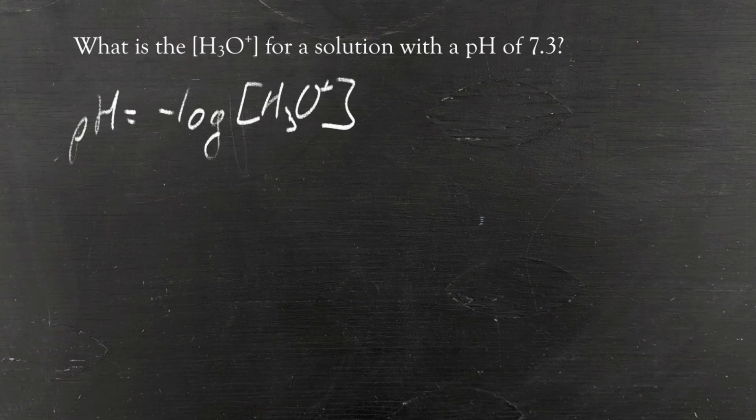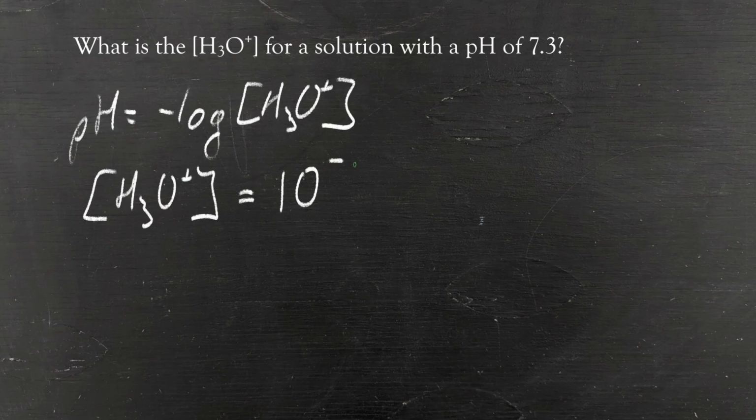So in order to find the hydronium concentration, we can rearrange this equation to find that it is equal to 10 to the power of negative pH. So in this case, we're going to put in here 10 to the power of negative 7.3.